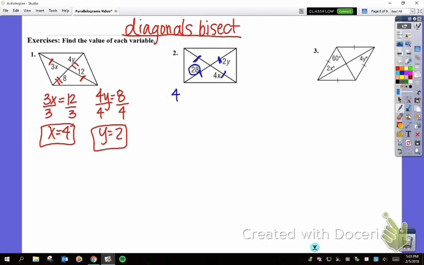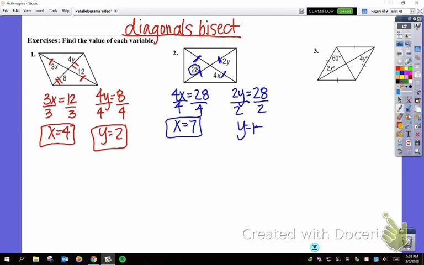So to find x, we would say 4x equals 28. Divide by 4, and we would get x equals 7. And then to find y, we have 2y equals 28. Divide by 2, and we get y equals 14.